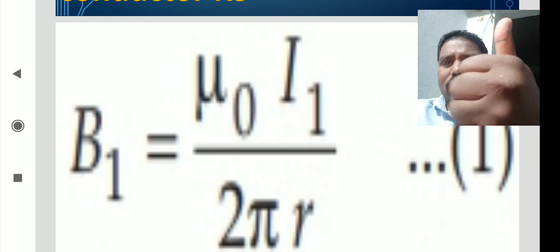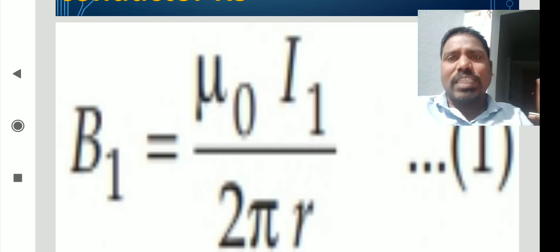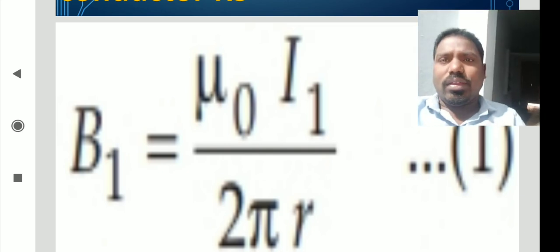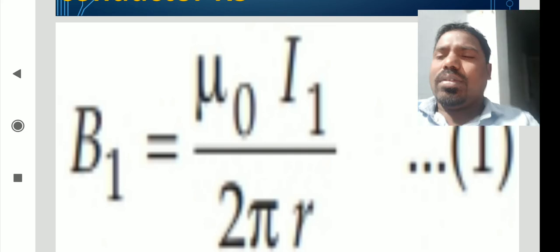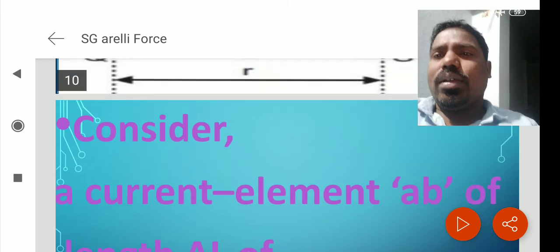This is the Maxwell right hand rule. By using it, we are evaluating the current carrying force.